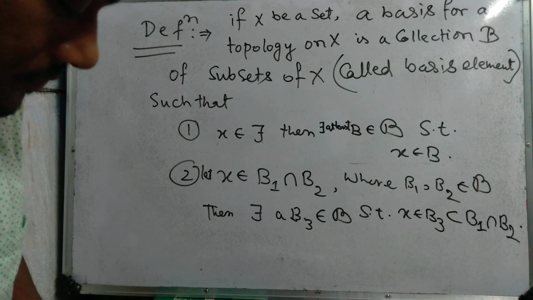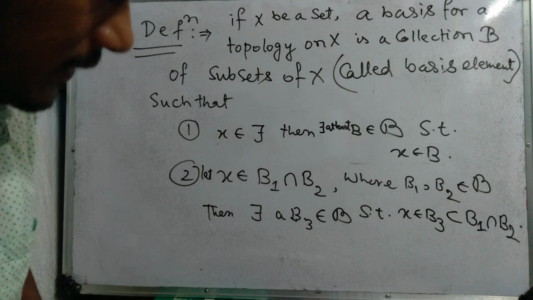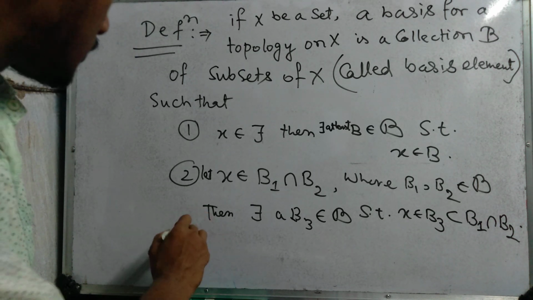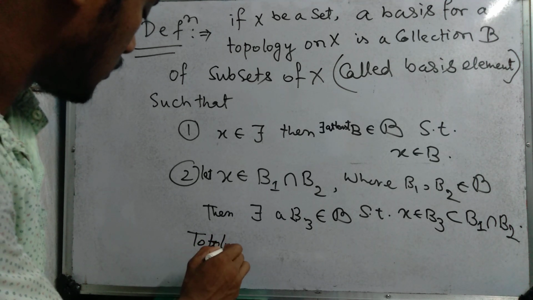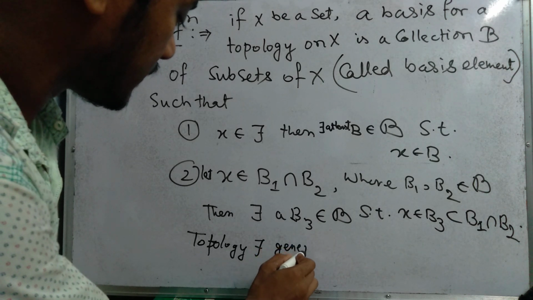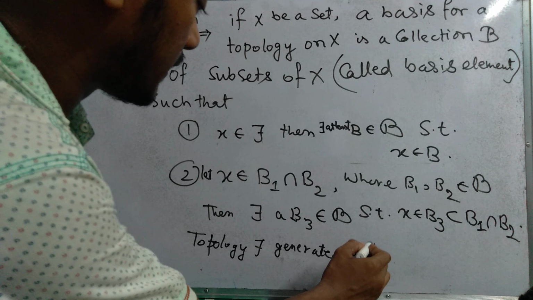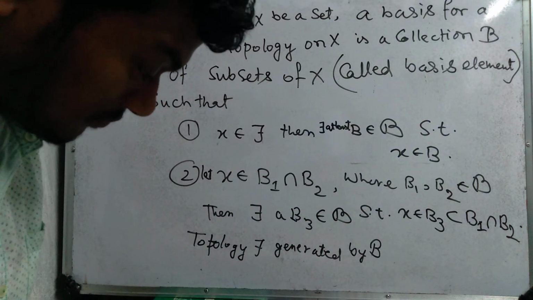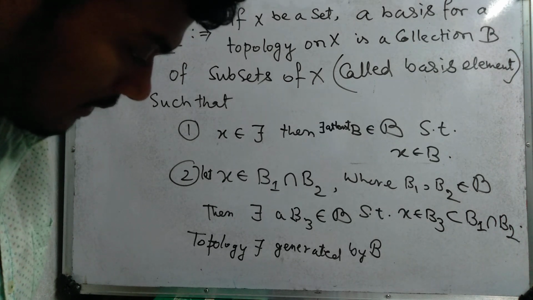Now the topology tau generated by script B is defined as follows.